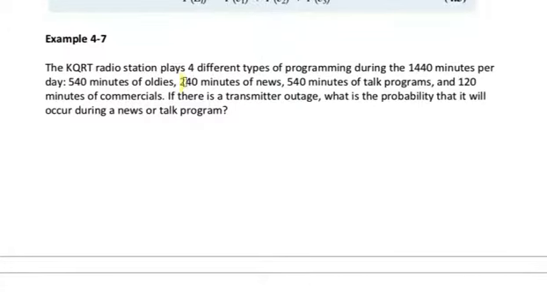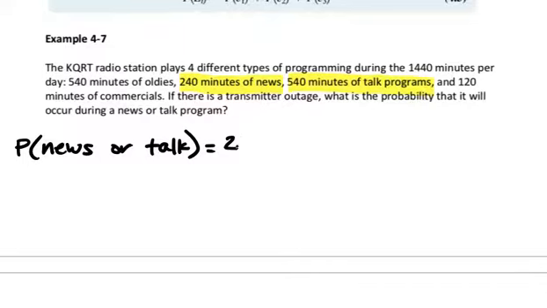So we have 240 minutes of news, and we have 540 minutes of talk programs. So the probability that the outage would occur during a news or talk program is equal to the probability that it would occur during a news event, which is 240 divided by 1,440, which is the total number of minutes. And I would add the probability that it occurs during a talk program, which is 540 divided by 1,440.